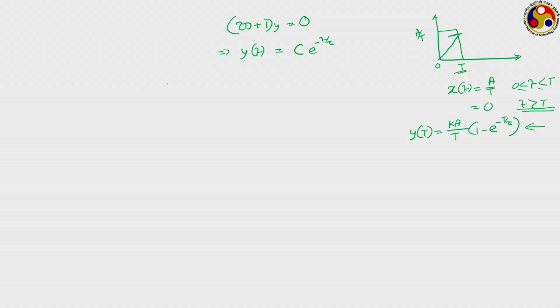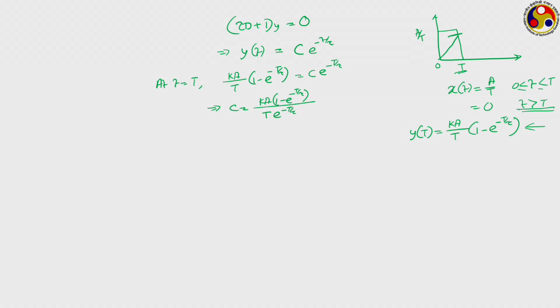To find the value of C, we have to put this condition. At t equal to capital T, we already know it to be K by T into 1 minus e to the power minus T by tau, equal to C into e to the power minus capital T upon tau, giving C equal to K A into 1 minus e to the power minus T by tau divided by capital T into e to the power minus T by tau.